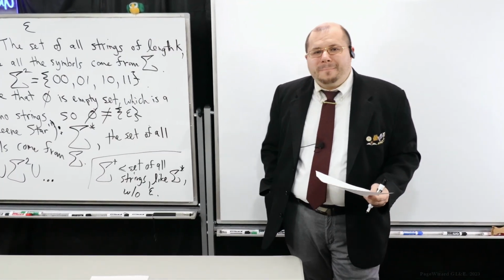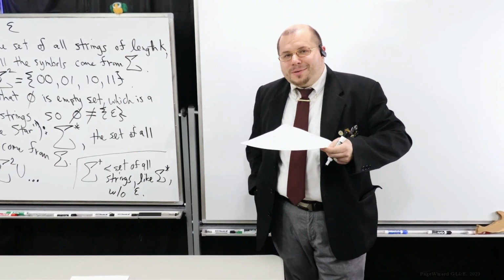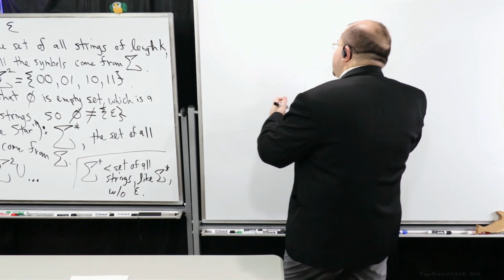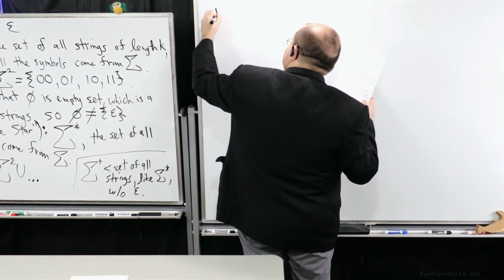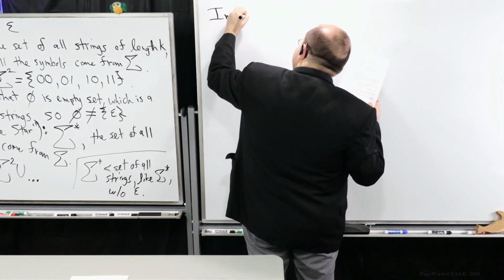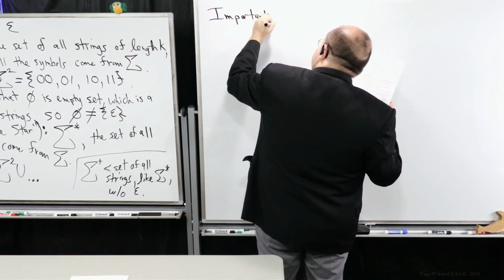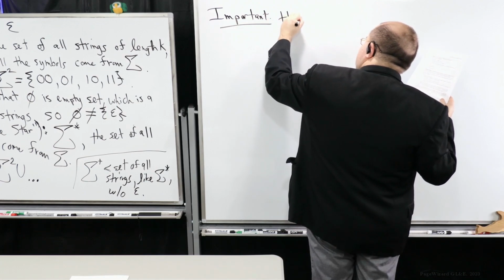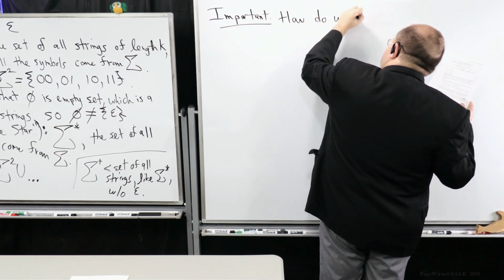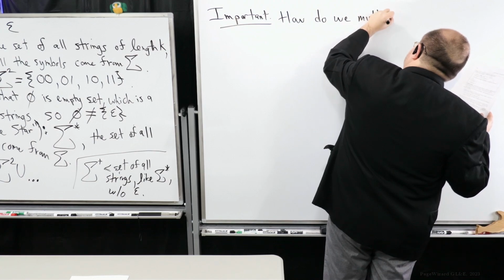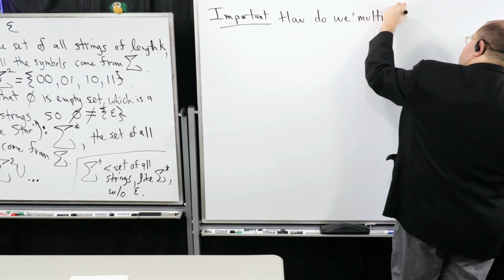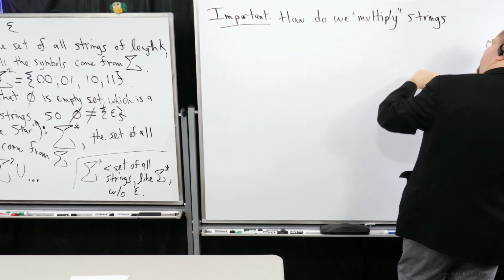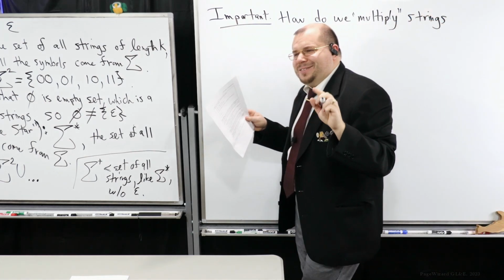Okay. So now that we've talked about what an alphabet is and what a string is, I want to define, so it's important that we know how to multiply strings. So how do we multiply strings? In my earlier years, this concept was very fascinating to me.